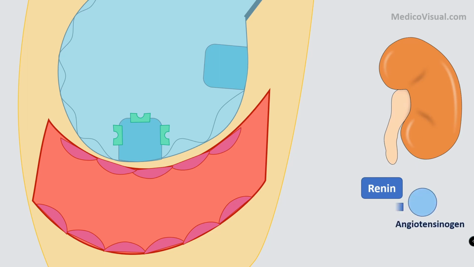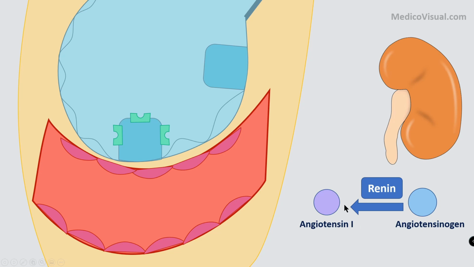There is a plasma protein called angiotensinogen, an inactive plasma protein which is normally present in plasma. Renin will act on angiotensinogen and convert it into angiotensin 1, right?